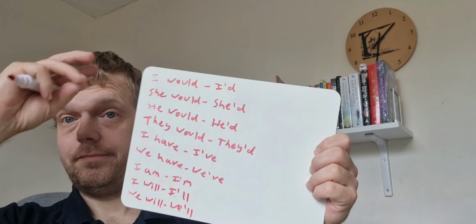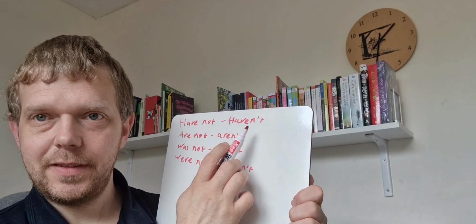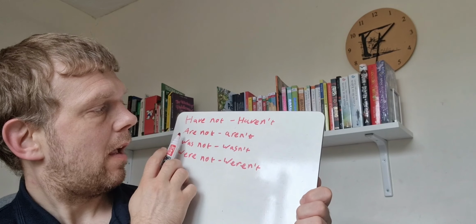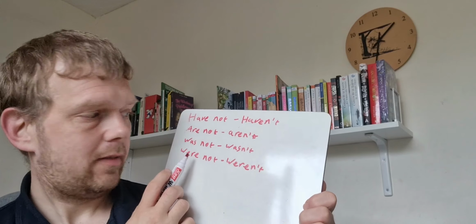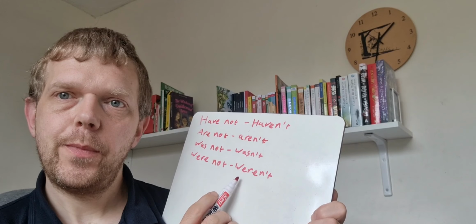And there are more. Have not, haven't. Are not, aren't. Was not, wasn't. Were not, weren't. So as you can see, there are many contractions in English.